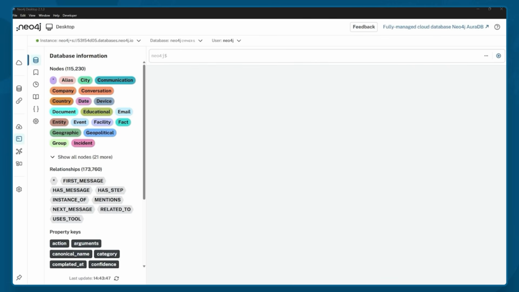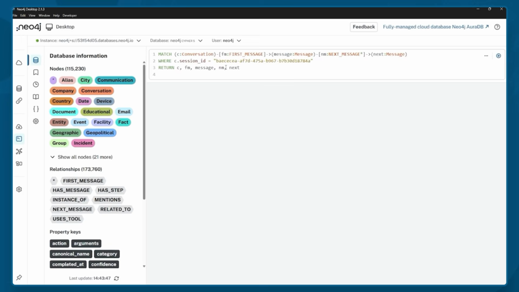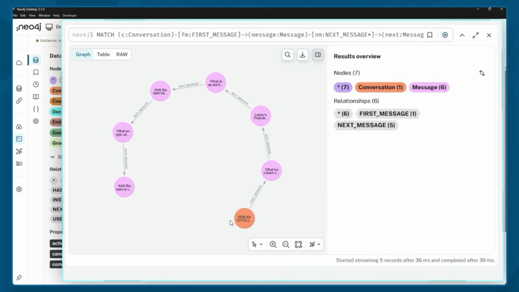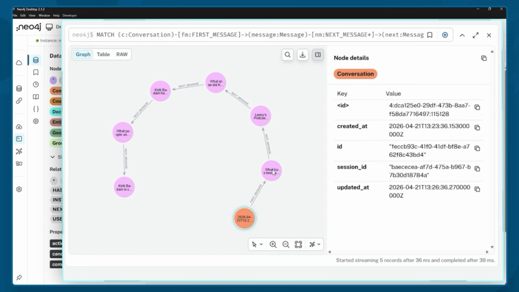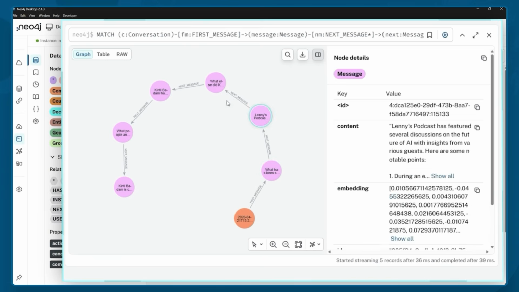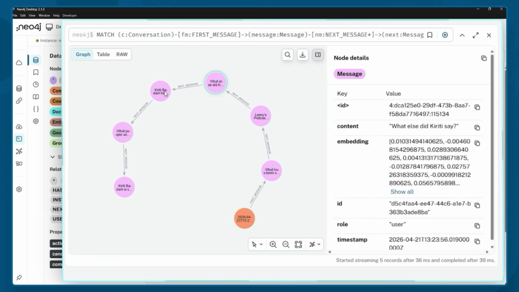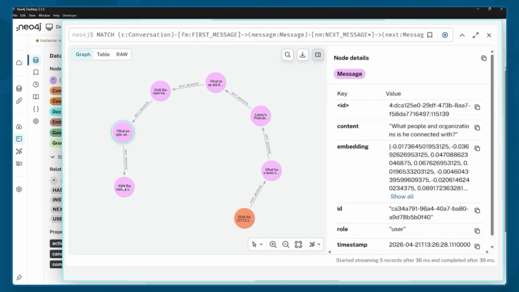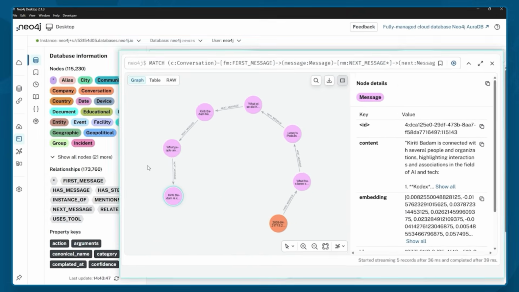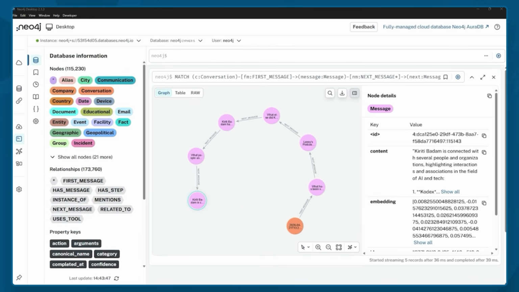The graph in Neo4j shows how the three types of memory are stored. The short-term memory is stored as a chain of messages which form a conversation, starting with a session, moving on to messages in a chain that represent the conversation that we just had with the agent. Now, the long-term memory is stored as a knowledge graph of entities and relationships.